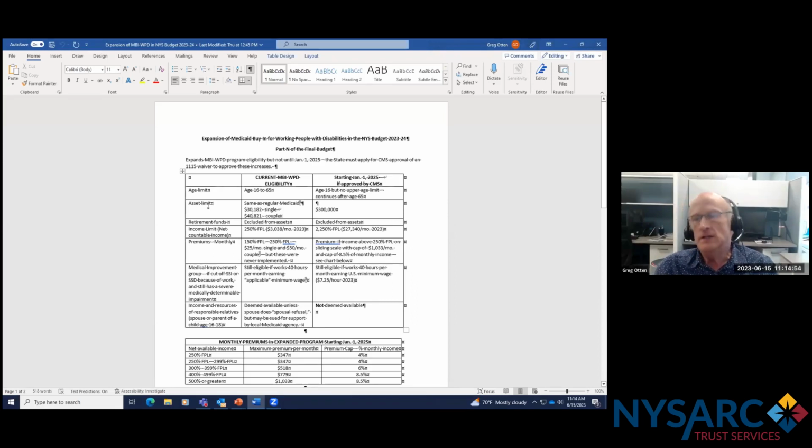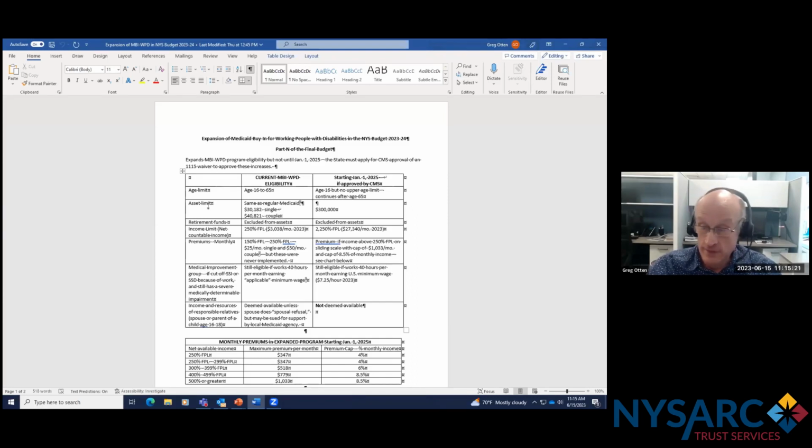You'll all get this. Basically, the legislature made some changes to the program that are supposed to kick in on January 1, 2025. CMS, the Center for Medicare and Medicaid Services, the feds, have to approve these. And if they are approved, there will no longer be an upper age limit for this program.